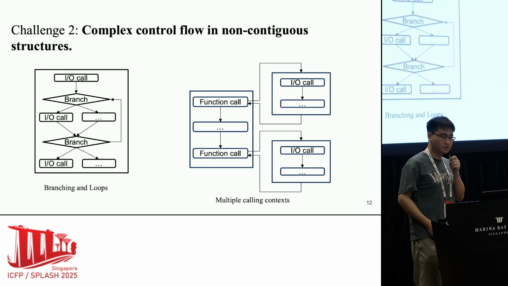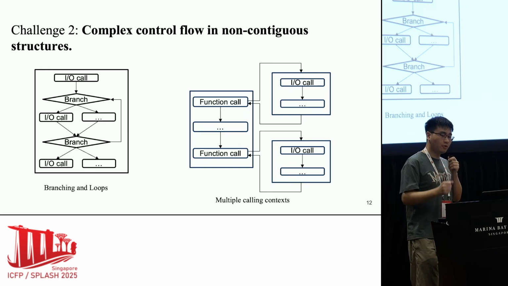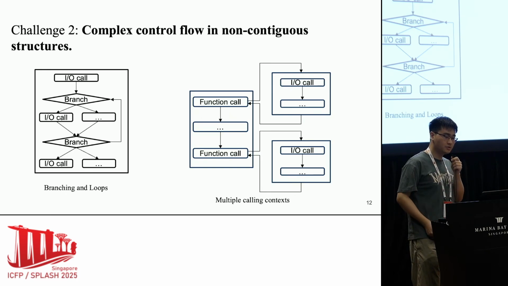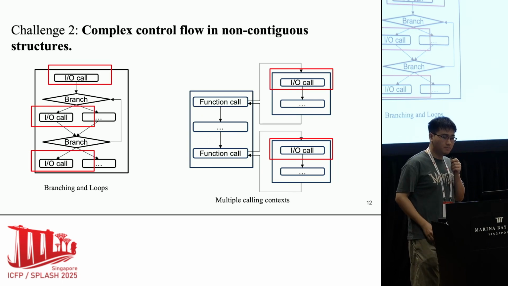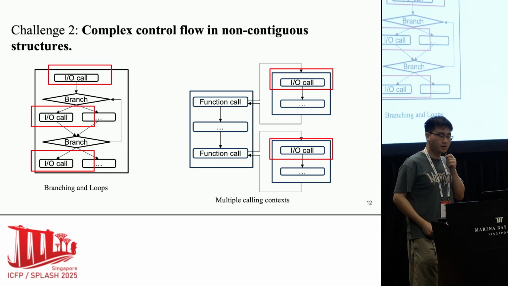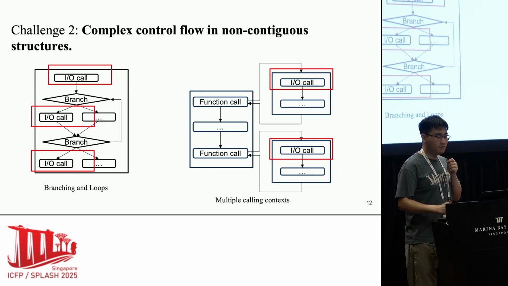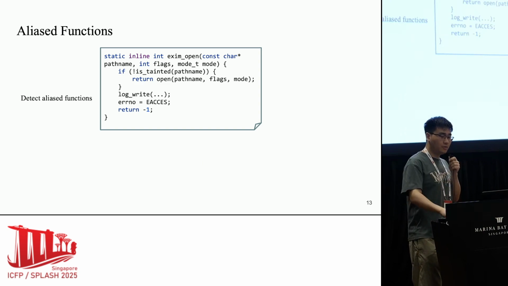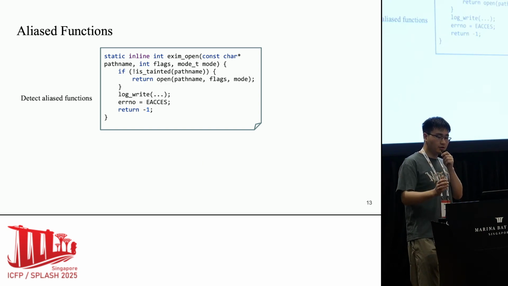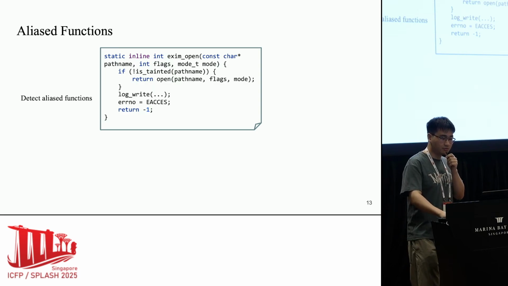Another challenge is that real-world programs often have complex control flows with branches, loops, and multiple calling contexts. Multiple related API calls may be scattered in different locations. So we need to simplify the program structures. For example, to handle the multiple calling contexts, we introduced the concept of alias function for intra-procedural analysis while preserving external calling information.